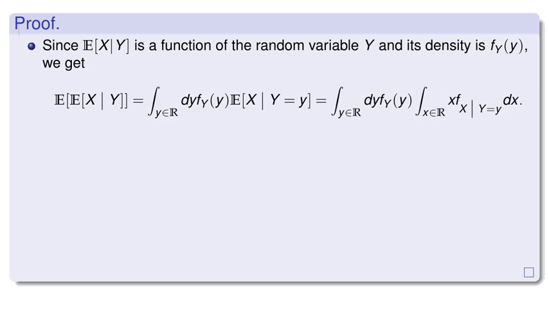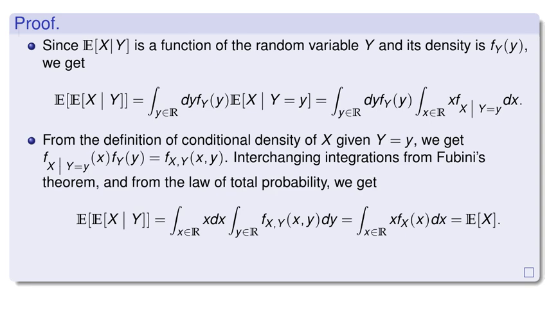Substituting the definition of expectation of X given Y equals y, this becomes the integral over y of f_Y(y) times the integral over x of x f_{X|Y=y}(x) dx. From the definition of conditional density, f_{X|Y=y}(x) times f_Y(y) equals the joint density f_{XY}(x,y).